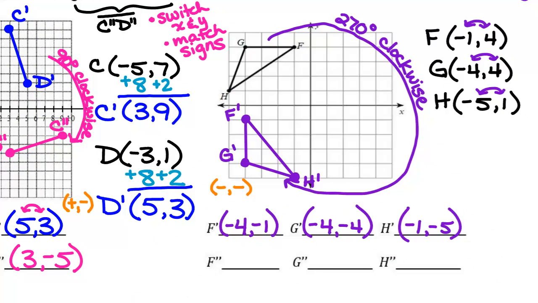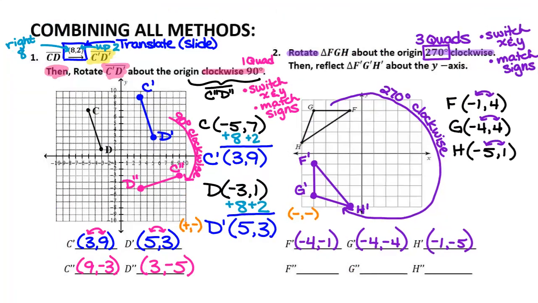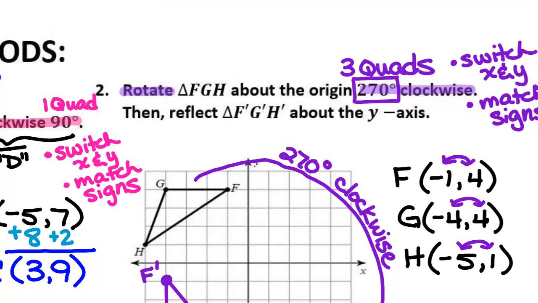All right, now what are we supposed to do? Yeah, we're going to reflect that triangle about the y-axis. When I reflect over an axis, what stays the same? In this case, it's going to be our y. It's whatever axis letter we're at, that part will stay the same.